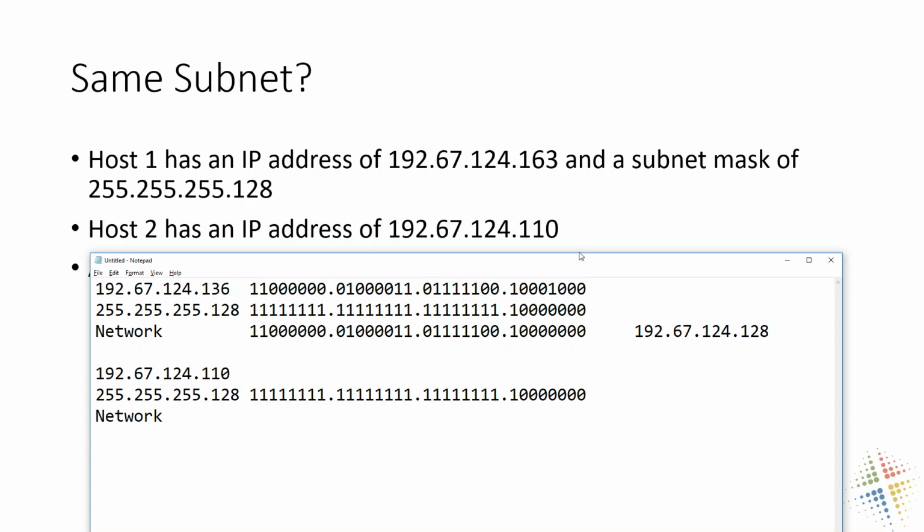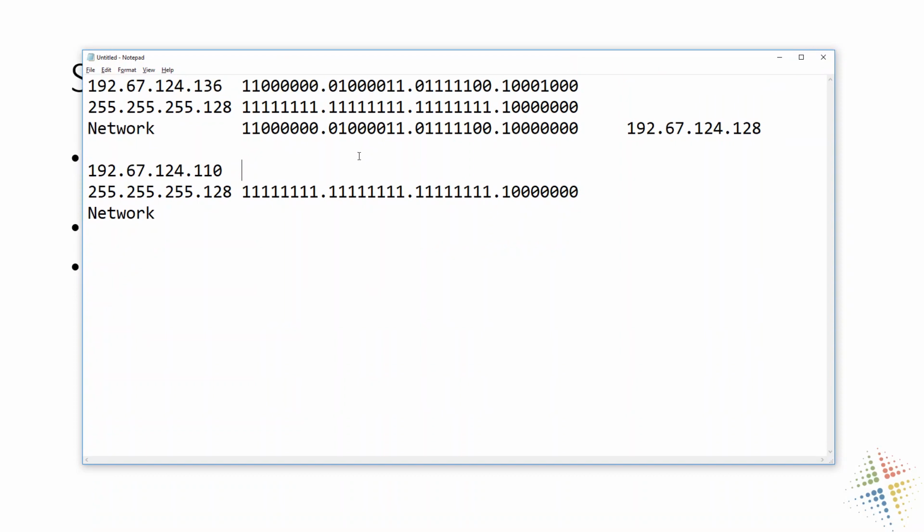So again, I start off by converting my IP address into binary. Most of this is going to be exactly the same, so let's see if I can go through this fairly quickly.